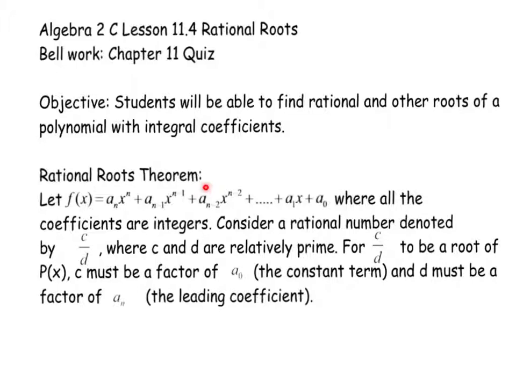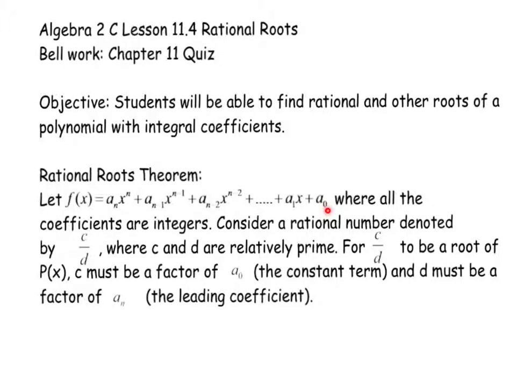Let f of x equal a_n x to the n plus a_(n-1) x to the n minus 1 plus a_(n-2) x to the n minus 2, and so on all the way to a_1 x to the first plus a_0, which is the constant term, where all the coefficients are integers.